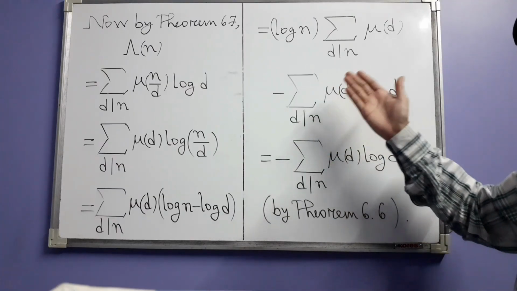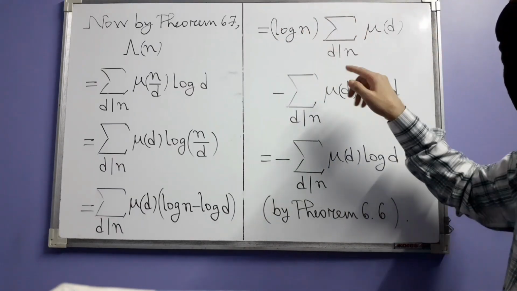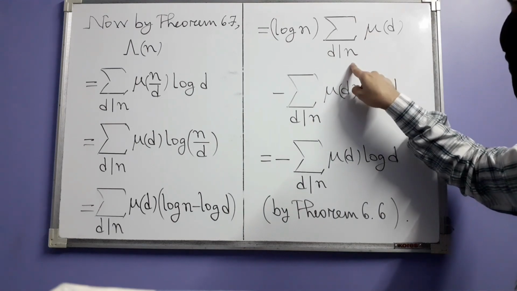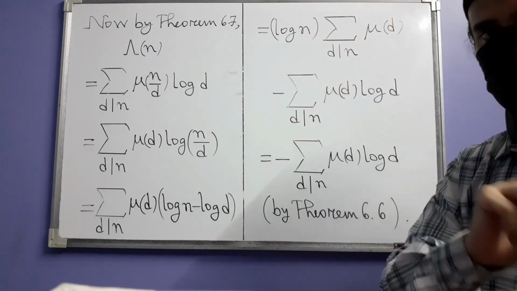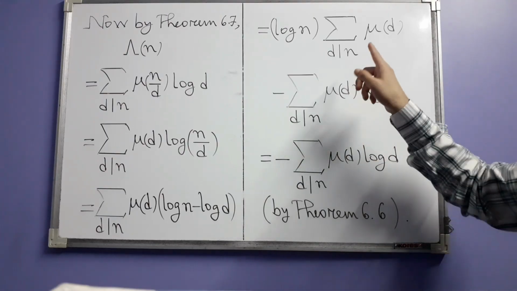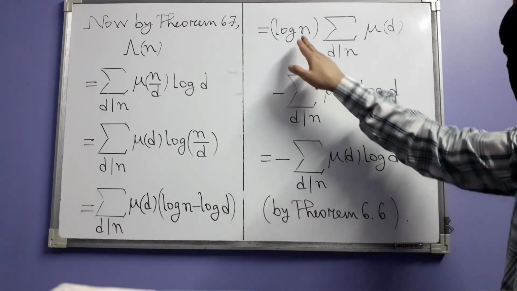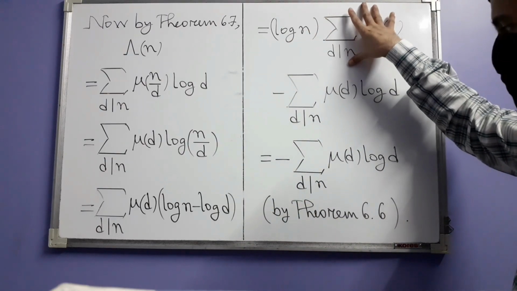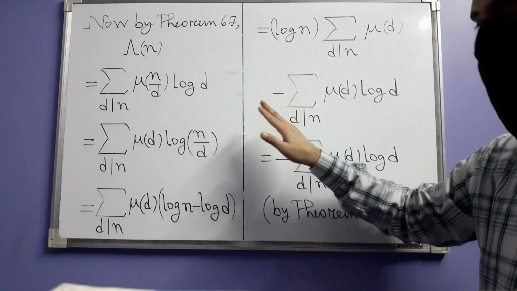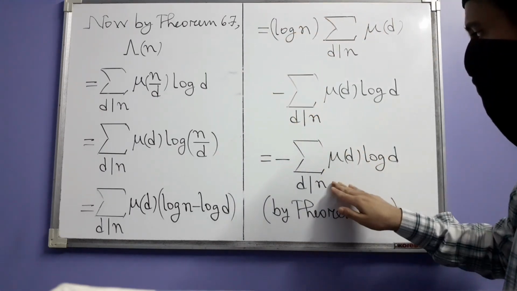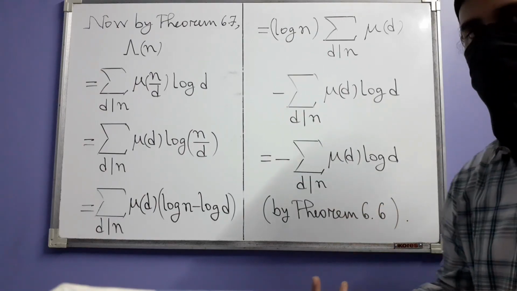And the nice thing about this entire term is that when n is equal to 1, this is 1 but this is 0 because log 1 is 0. Whereas when n is greater than 1, this is non-zero but this is 0. That's why this part anyway vanishes and we are left with just this. And that's what we had to prove.